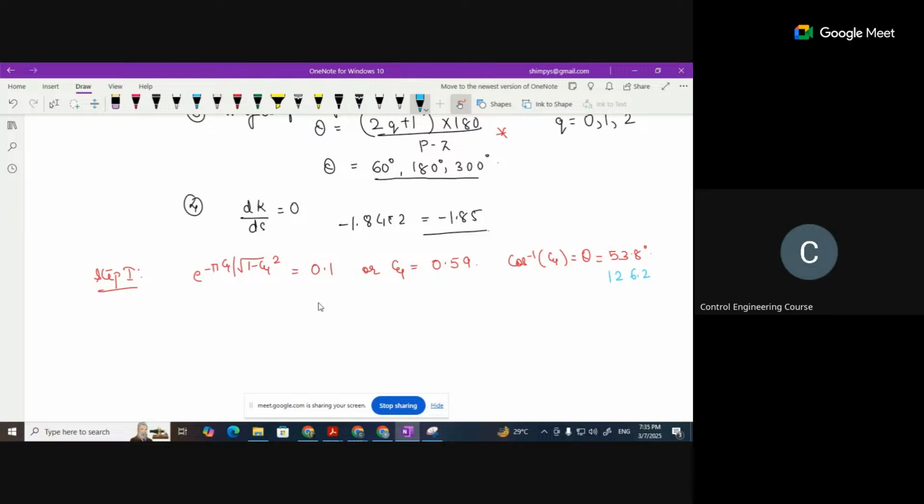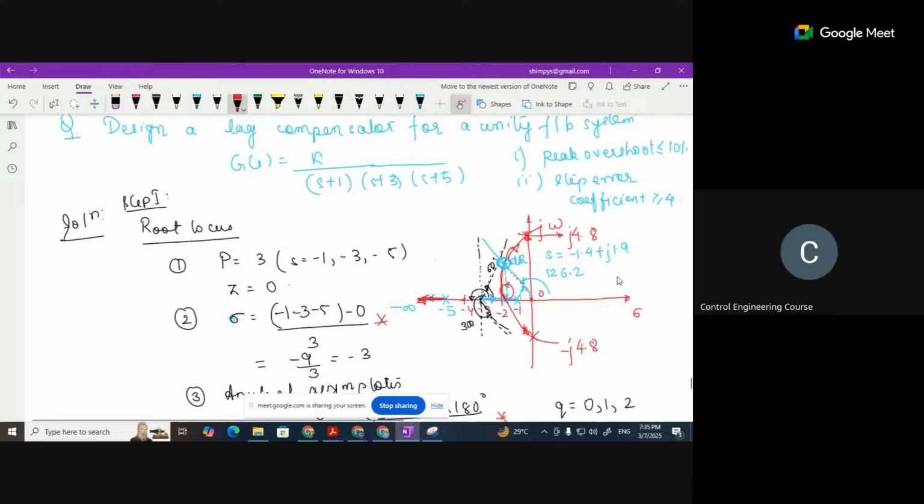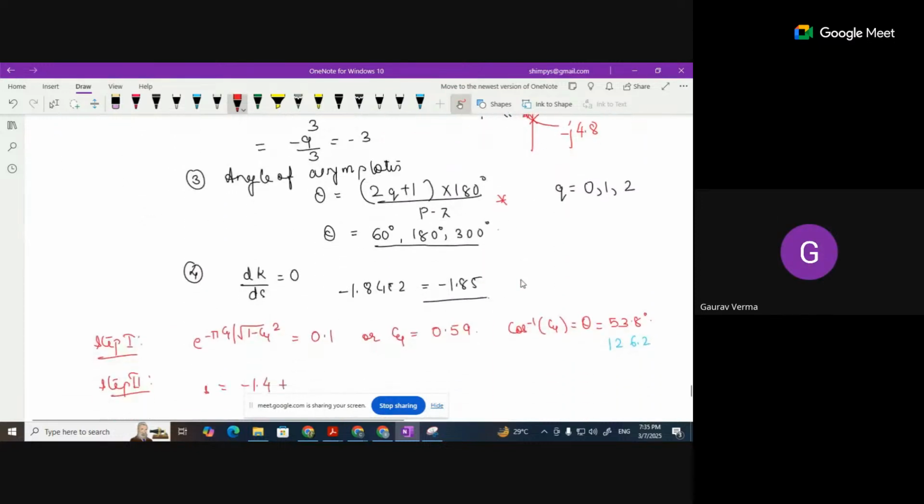Now the next step says we have to find the dominant root. That has to be calculated at s equals minus 1.4 plus j 1.9, right?